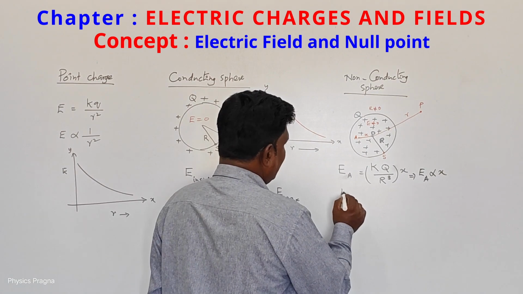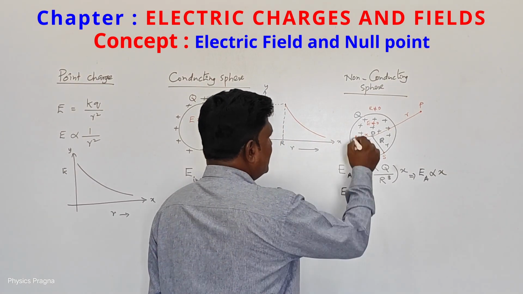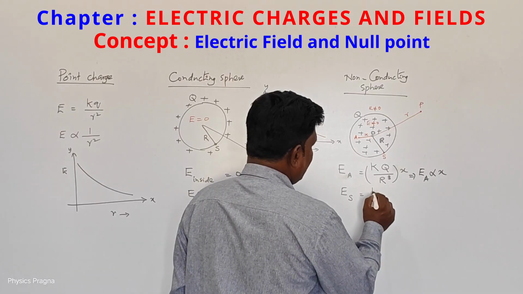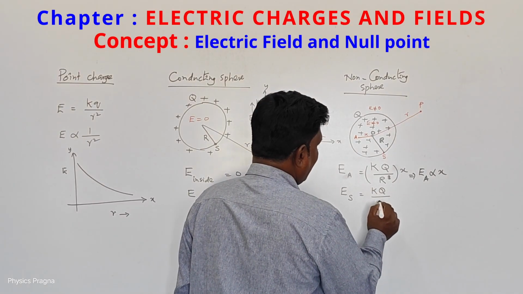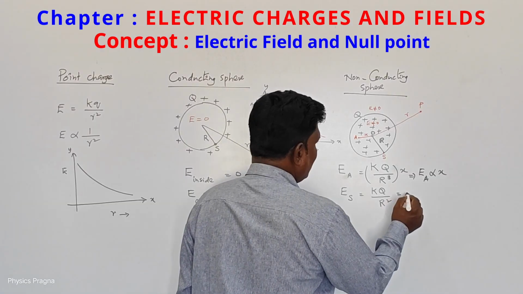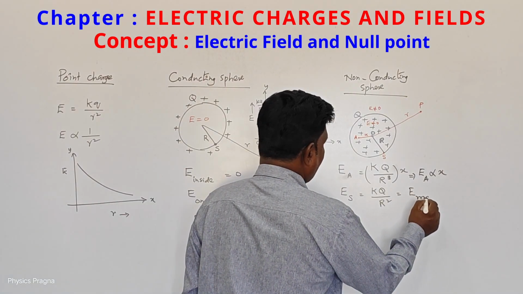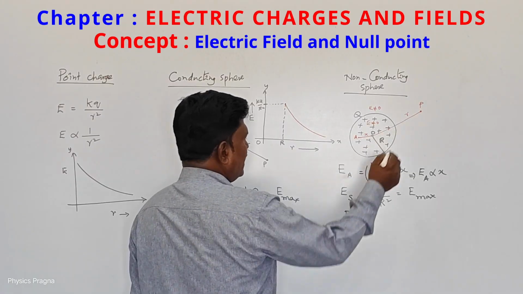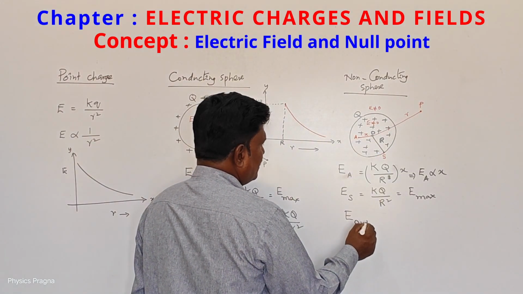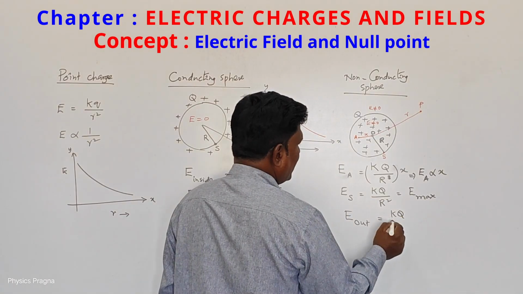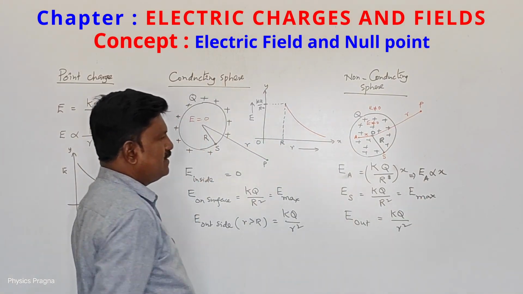Then the electric field at the surface of a non-conducting sphere, as usual, that formula is kQ by R square, right? This is the maximum value. Then outside, at r distance, kQ by r square.